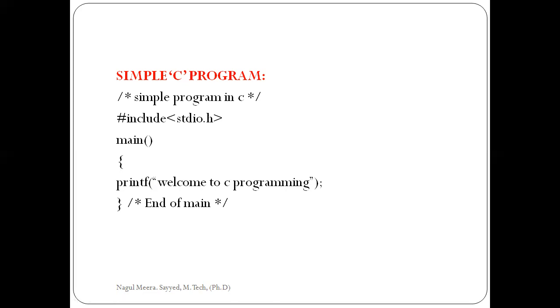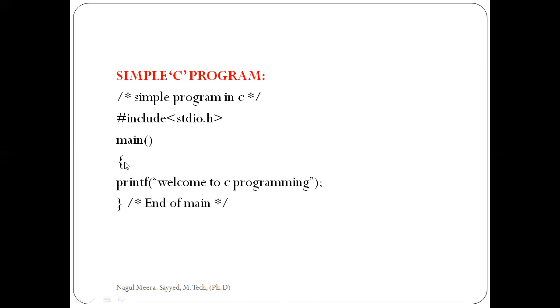I am explaining again, listen carefully. This is our documentation section, which is optional. This is the linking section, hash include stdio.h, which is a must for every C program. Main function is compulsory, open brace, close brace.